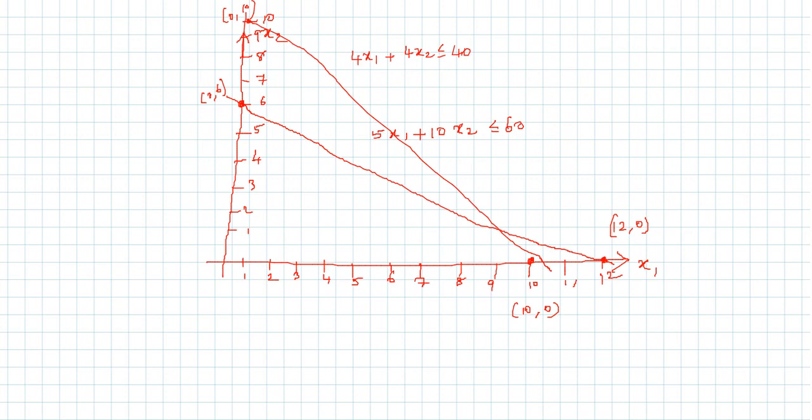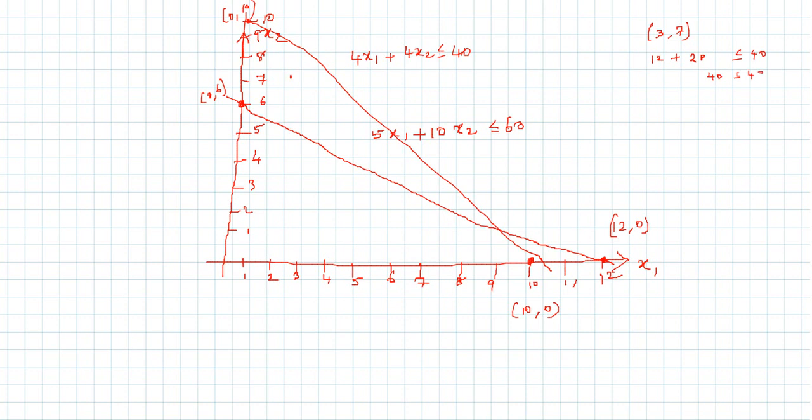For example, let me take x1 as 3 and x2 as 7, the point (3, 7). Substituting it into this equation: 4 into 3 is 12, plus 4 into 7 is 28, less than or equal to 40. So it satisfies, 40 less than or equal to 40.